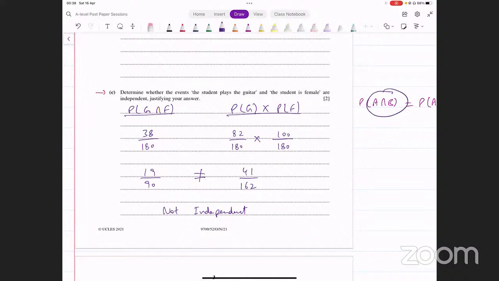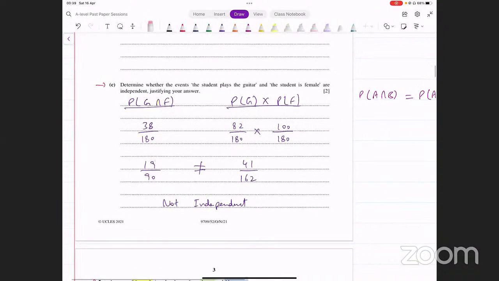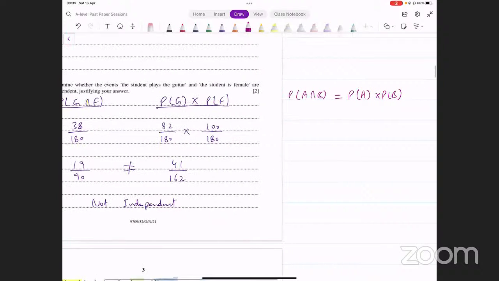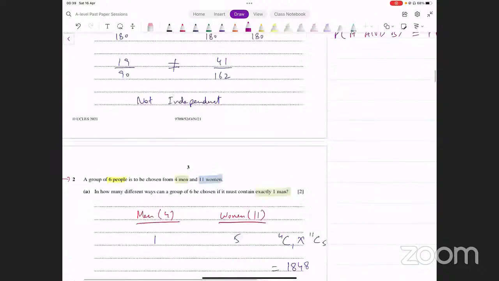U means union, this sign means intersection. When both of them are true at the same time. इसको हम ये भी पढ़ सकते हैं. We can say this is A and B. Intersection होता है उसको and कहते हैं. Union होता है उसको हम और कहते हैं. ठीक है? So this is intersection.